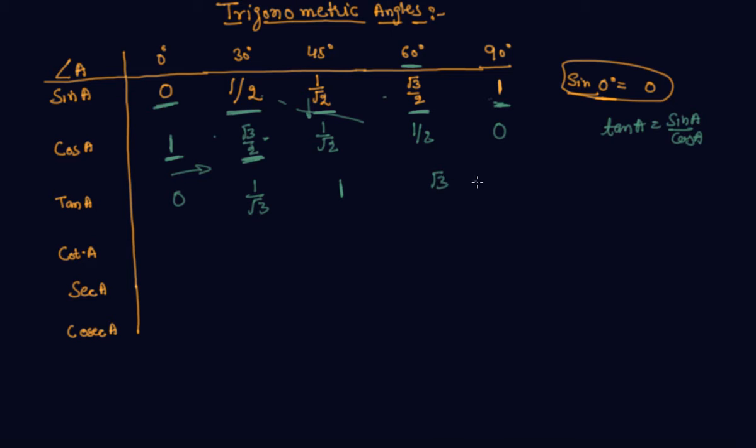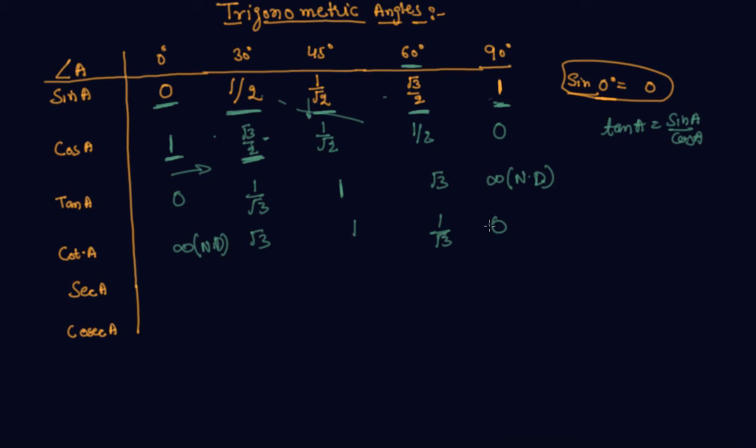This will come out to be 1 by root 3, and the last is infinite or not defined, because 1 by 0 you cannot define. Now I am writing the value of cotangent of A. As you did for cosine of A, you can copy it. Here is 1 by 0, not defined. Then root 3, 1, 1 by root 3, and this is 0.